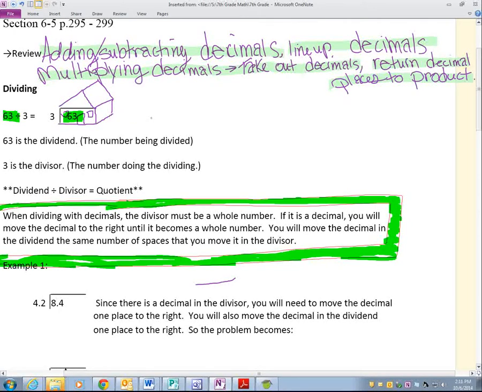So when you're saying 63 divided by 3, these guys, let's see if I can draw some legs. These guys are running. Then we have 3 here. That doesn't run so well.